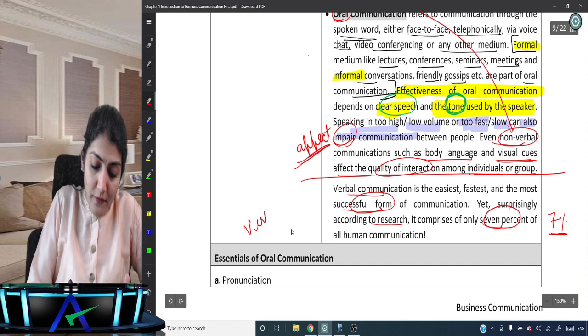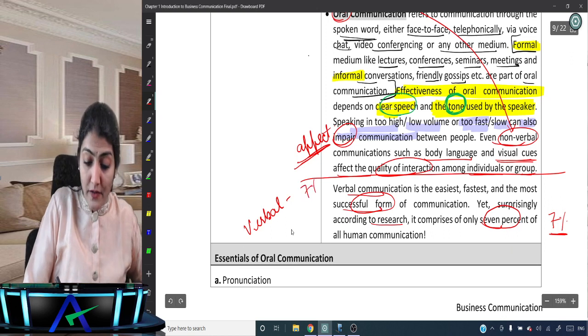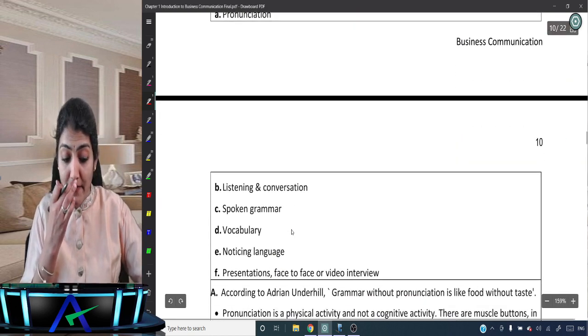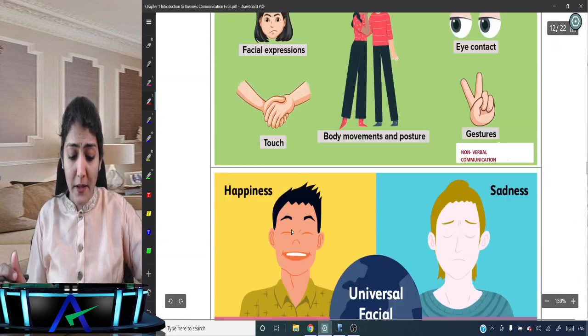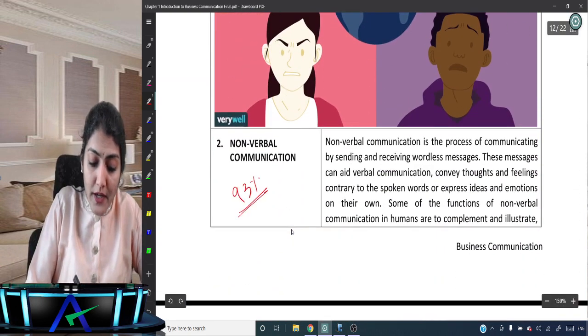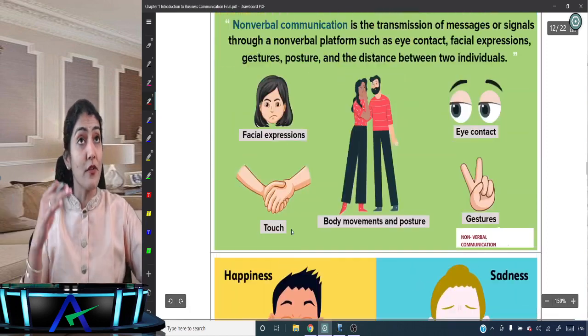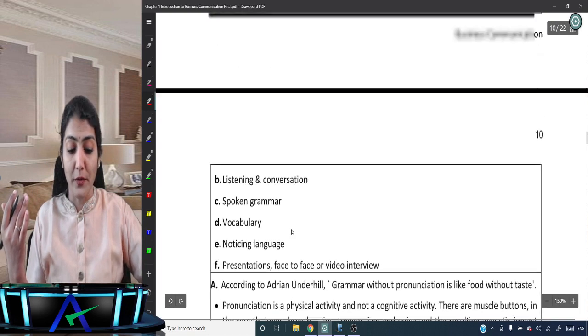So how much does verbal communication contribute? Only 7% of all human communication. The remaining 93% is all coming from non-verbal communication.